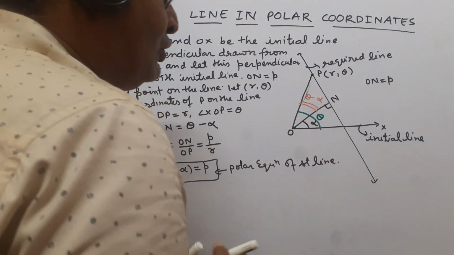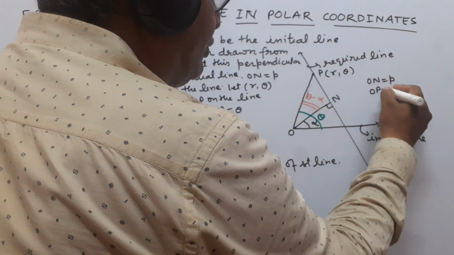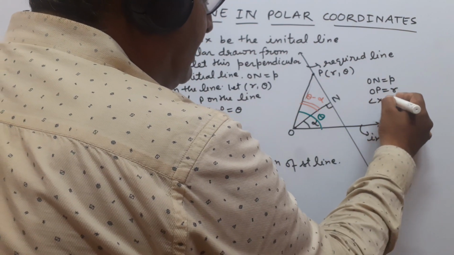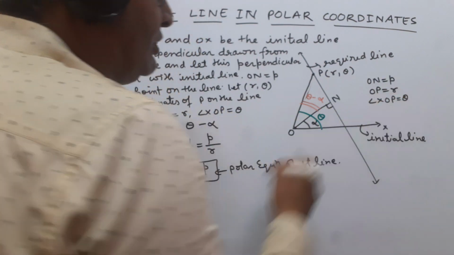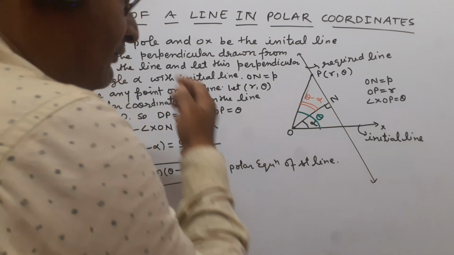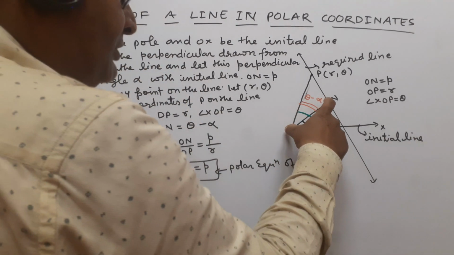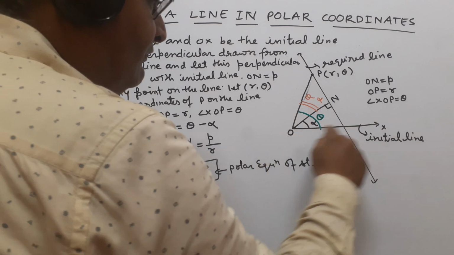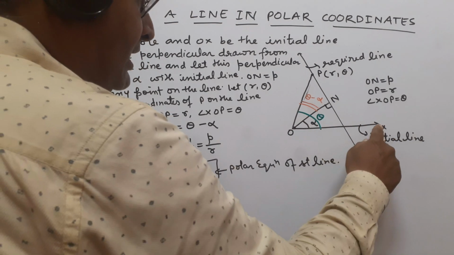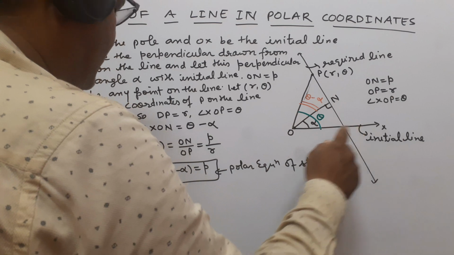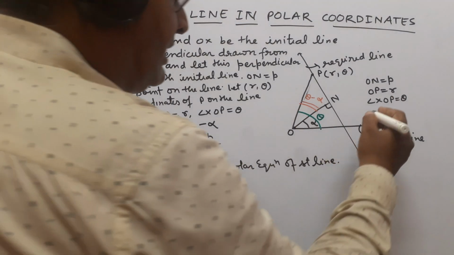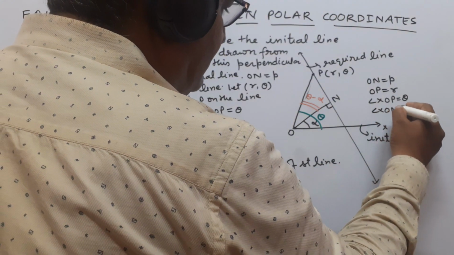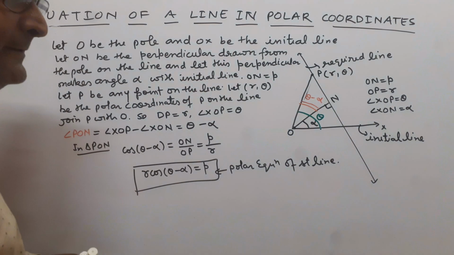So OP is equal to small r and angle XOP is equal to theta. Now we can see here this perpendicular ON makes angle alpha with the initial line. So angle XON is equal to alpha here.